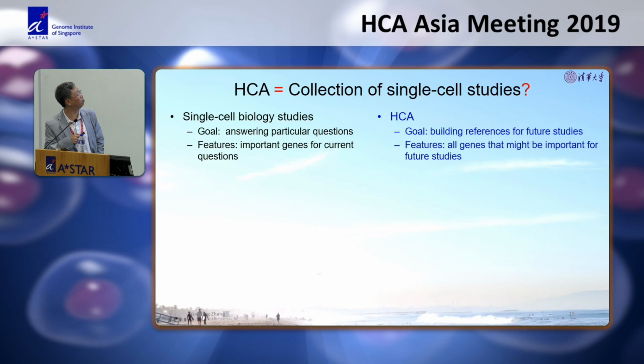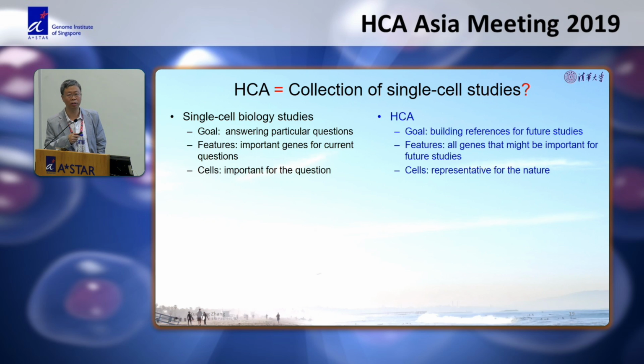And with that goal, the scientists are satisfied with the important genes that are sufficient for answering their question. But for HCA, we should be interested in all genes that might be important in the future, although currently we think they may not contribute to your current study.